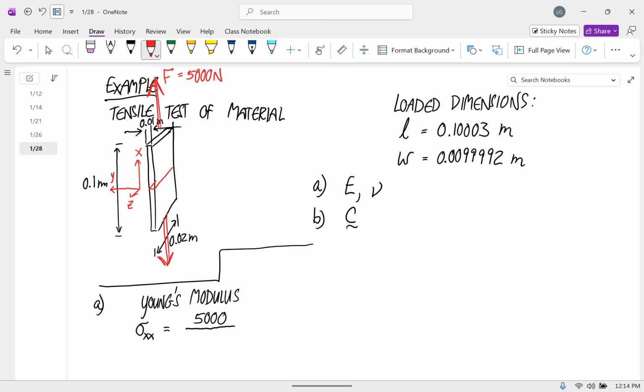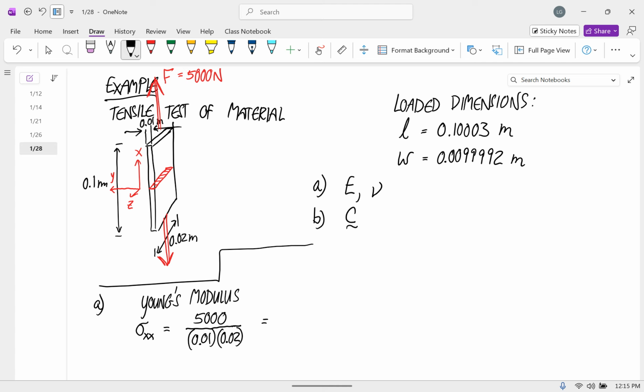It's always an area perpendicular to the loading. And so this is going to be the 1 centimeter times the 2 centimeters. Okay, the height doesn't matter in the least as far as the strength goes.